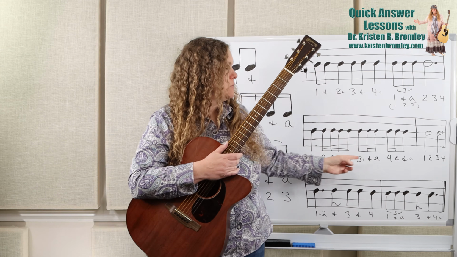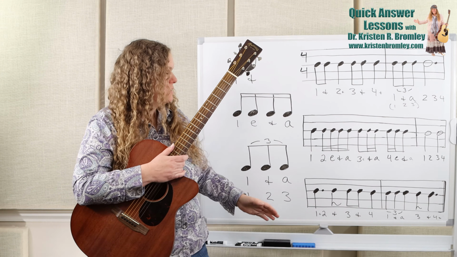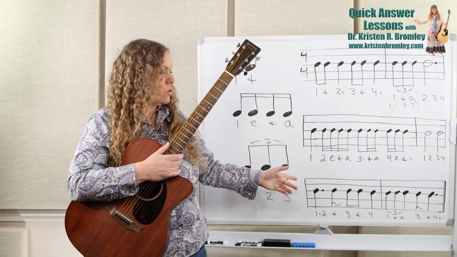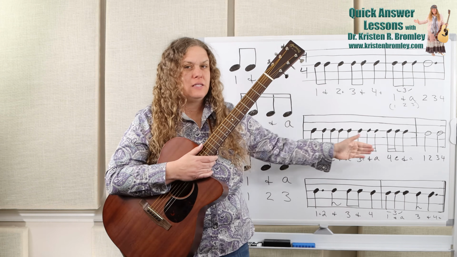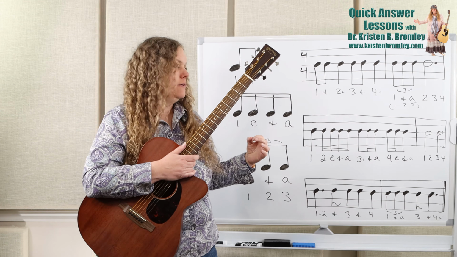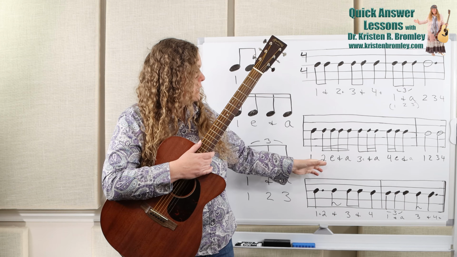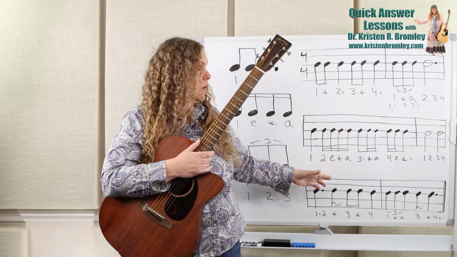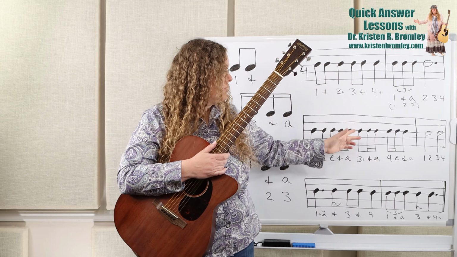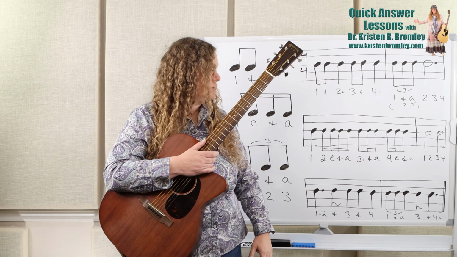Maybe I don't need to do it for the entire dotted half note, but I can do that if I want to. In this line we see some practice with the 16th notes. So on beat 1, we've got that first quarter note. I could choose to anticipate and start counting at the 16th note level, 1 E and a, so that when I get here, 2 E and, it's there. Or I can just think 1, 2 E and, and then I've got an eighth note and two 16th notes.